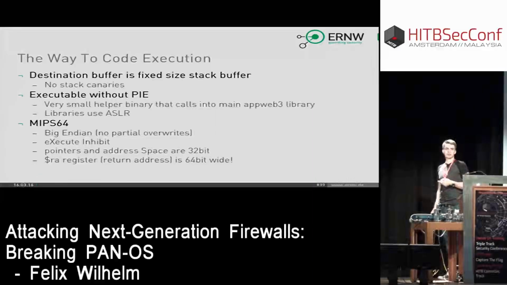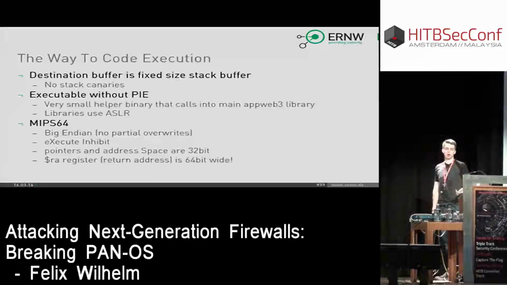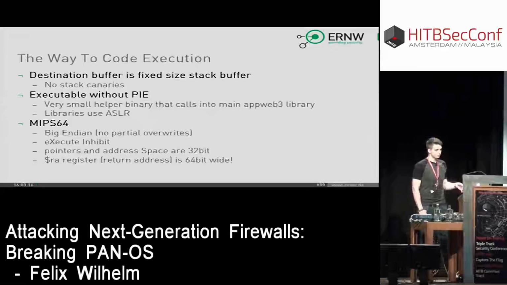On MIPS, it's called execute inhibit, and it just means the heap is not executable. So we can't store direct shellcode on the heap, which means later on we actually have to perform a full ROP chain on a MIPS64 system, which turns out to be quite a hassle.